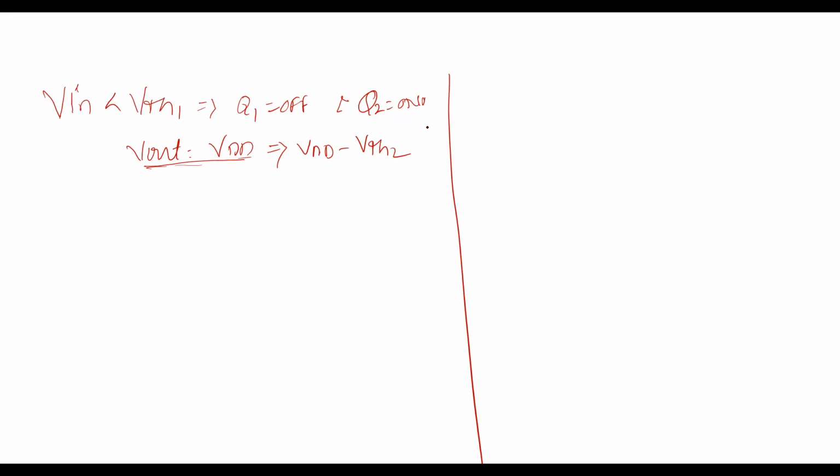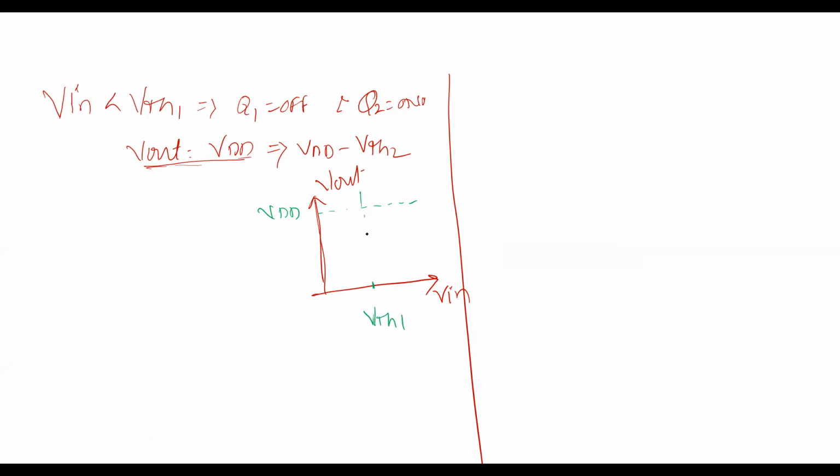So in the characteristics, I can draw my input to output characteristics. This is Vin and this is Vout. This is my full VDD level, and this is my VTH1.